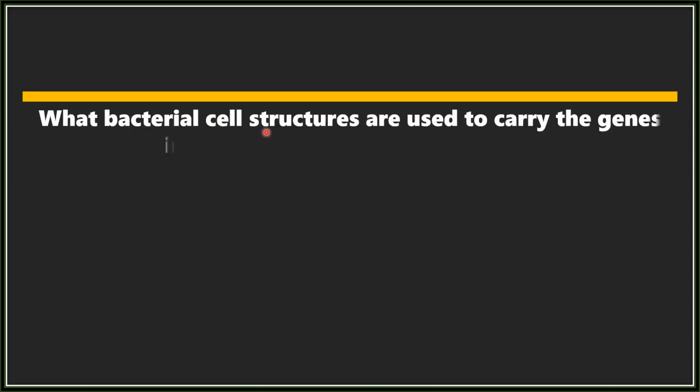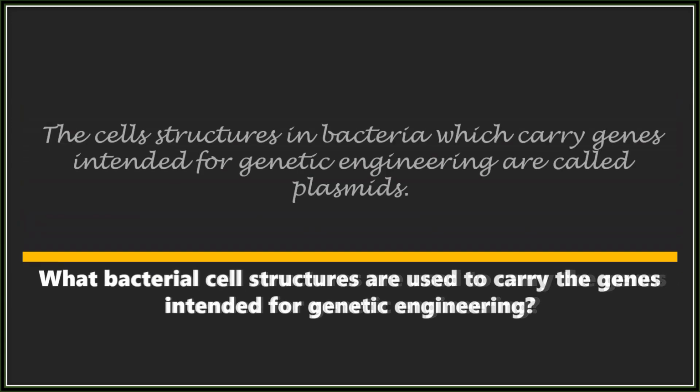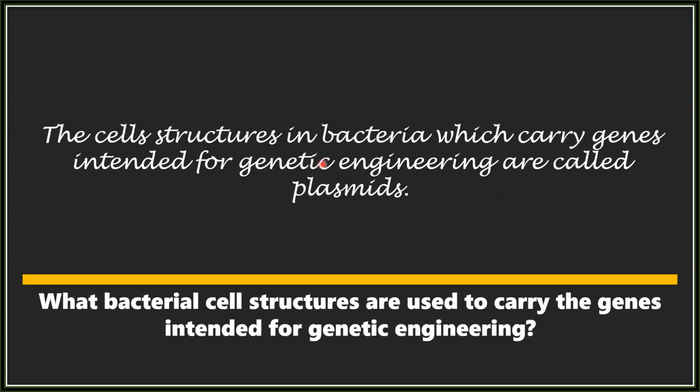What bacterial cell structures are used to carry the genes intended for genetic engineering? The cell structures in bacteria which carry genes intended for genetic engineering are called plasmids.